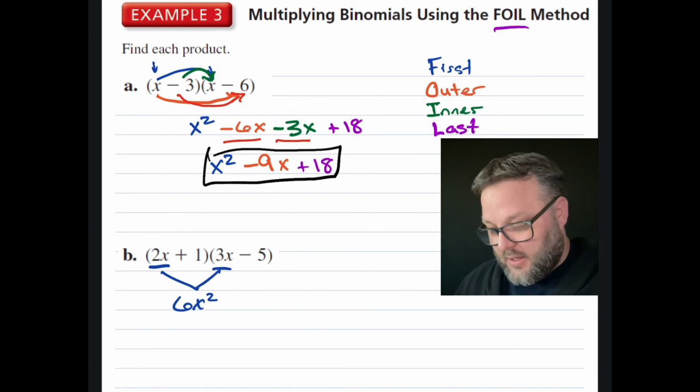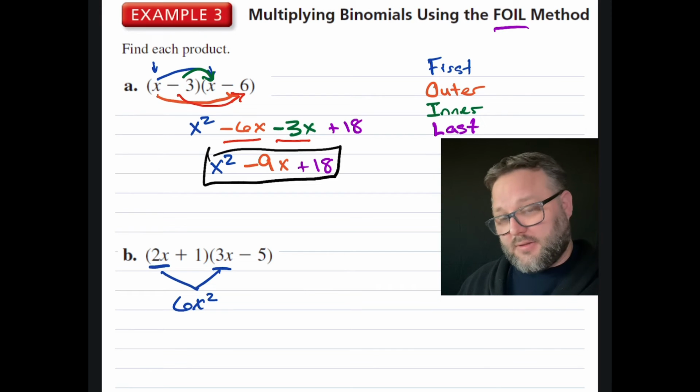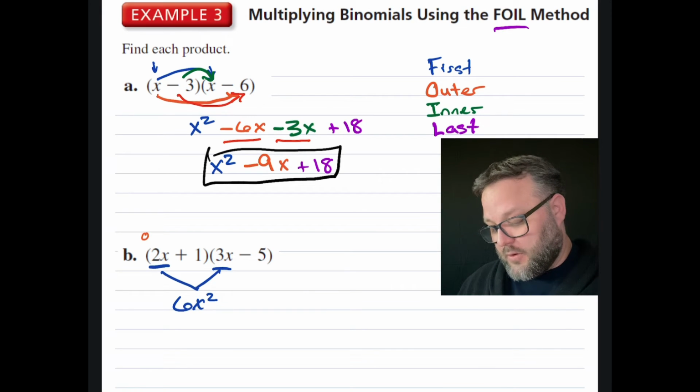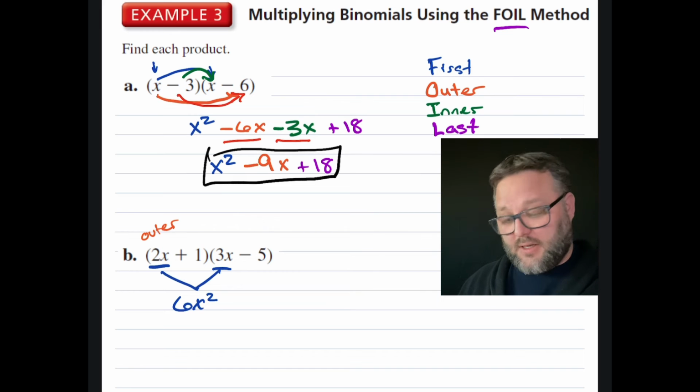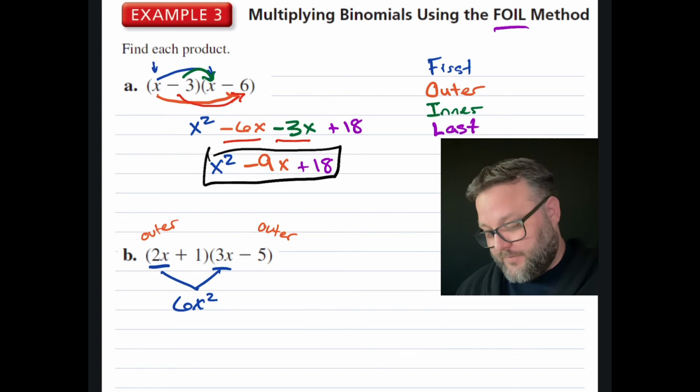Again, I want you to look at this, and this is outer because it's on the outside, and this one is outer because it's on the outside. So I'm multiplying both of my outside terms. That's why we call it outer. So I have this 2x and this -5, and that's going to be a -10x.